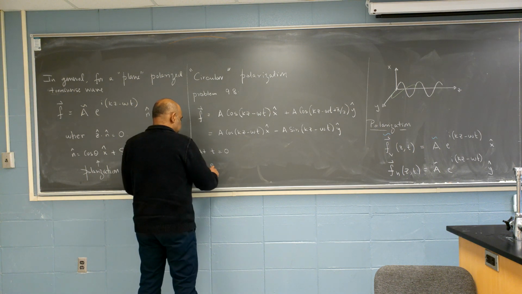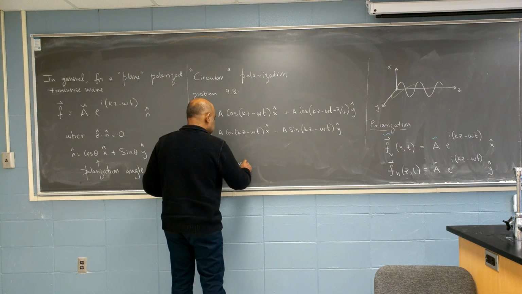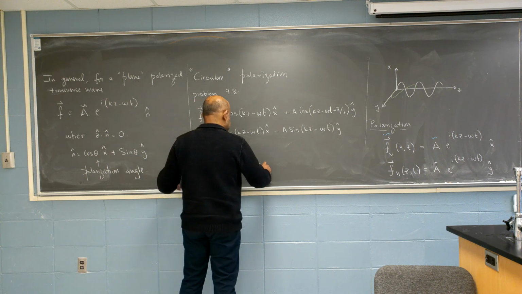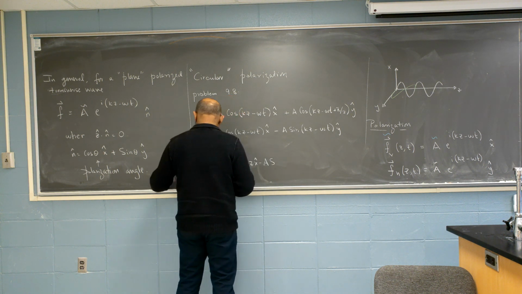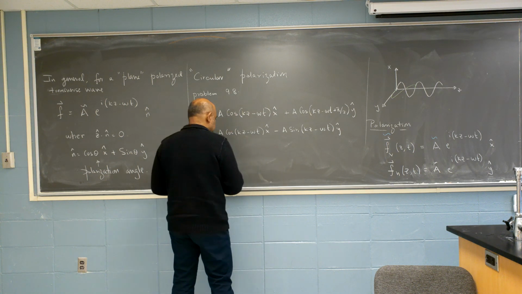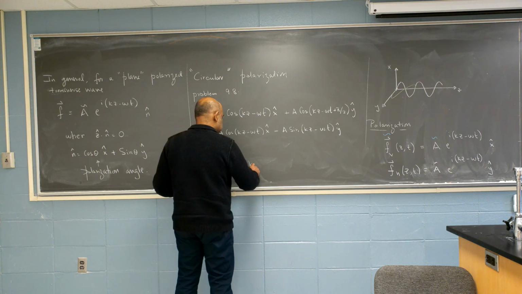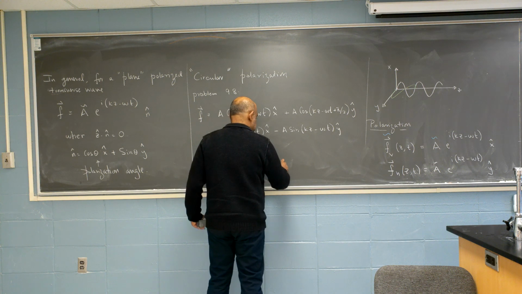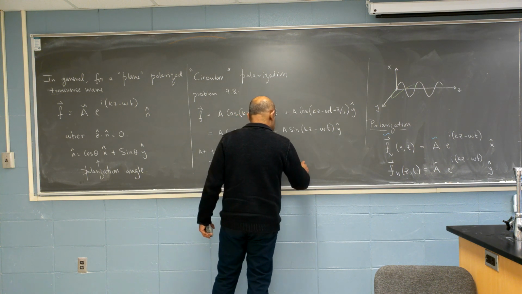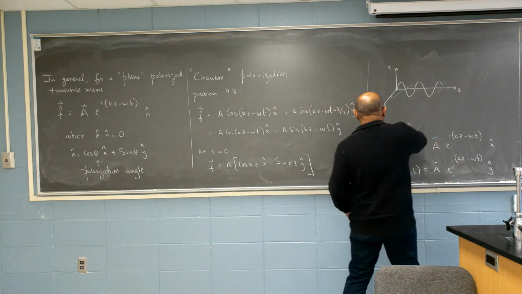So then I have a cosine kz x hat, this is in the x hat direction, minus a, let me factor out the a. Cosine kz x hat minus sine kz y hat. So I'm going to graph this in the xy plane.